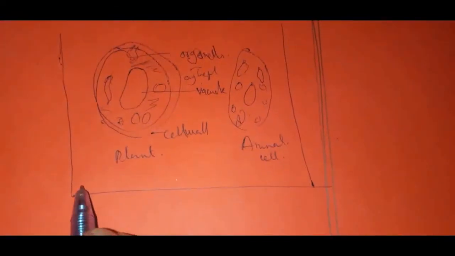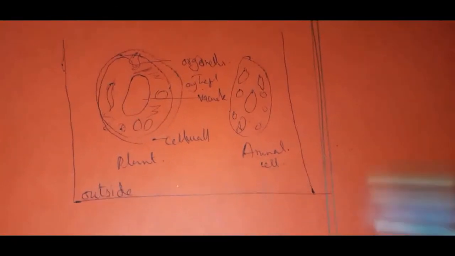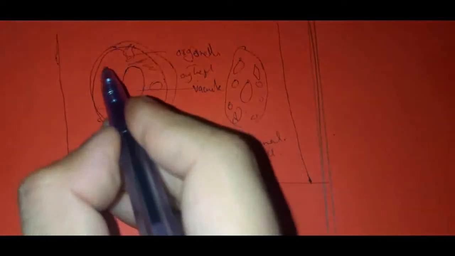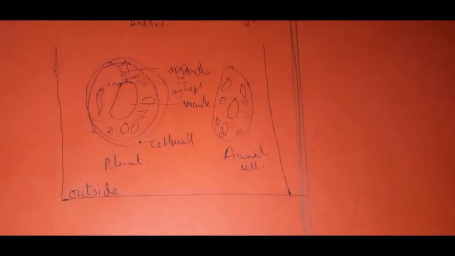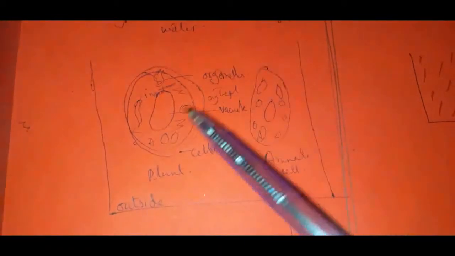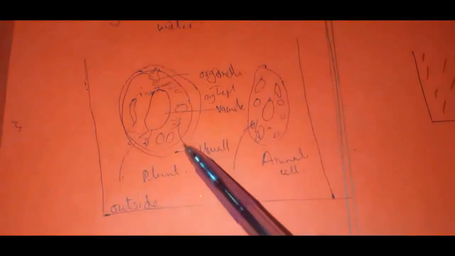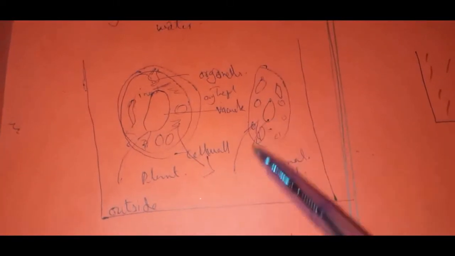Let's suppose this container is the outside of the body, and this is the inside of the cell, outside the cell and inside the cell, right? Now we will look at whether solvent from outside will go inside the cell or water will move outside the cell, right?